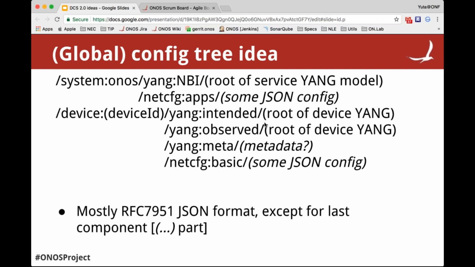I would assume at least the root element is going to be a JSON object, and the leaf could potentially be another object. In that sense, that's a tree, right? We have a big giant JSON object representing the device Yang, and this root is exactly what RESTCONF and so on are going to be sending and retrieving.